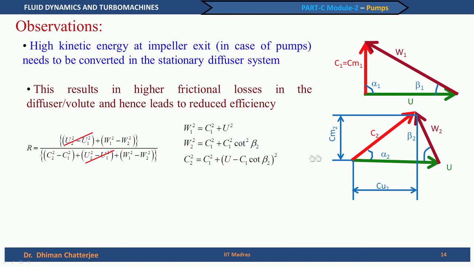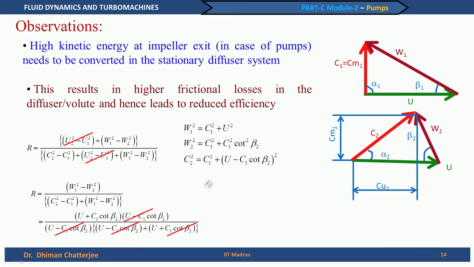W2 square is nothing but C1 square plus Wu square, because I have assumed that C1 equals Cm1 equals Cm2, which is nothing but C1 square cot square beta 2. This angle is beta 2 and this is Cm1 equal to C1, and we have C2 square equal to C1 square plus U minus C1 cot beta 2 whole square. I have assumed that Cm remains constant and that value is given as C1.